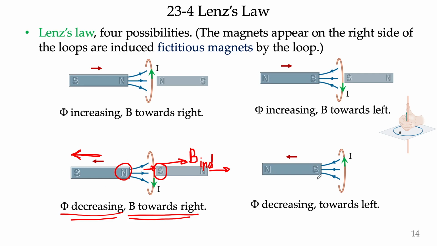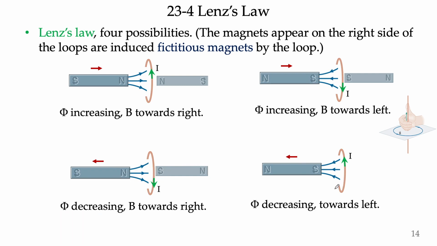Now finally, in this case, the bar magnet is again moving to the left, and we have the south pole, so the magnetic field lines are towards the left. The flux is decreasing because the magnet is moving away from the loop. So the loop will try to create some induced magnetic field.